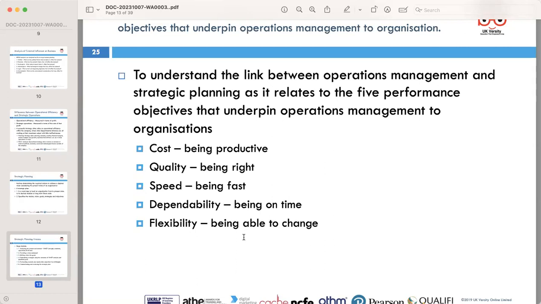Then flexibility, being able to change. Flexibility is the means of changing an operation to match a customer's requirements. So this may involve changing what the operation does or how it works so that the service is bespoke.